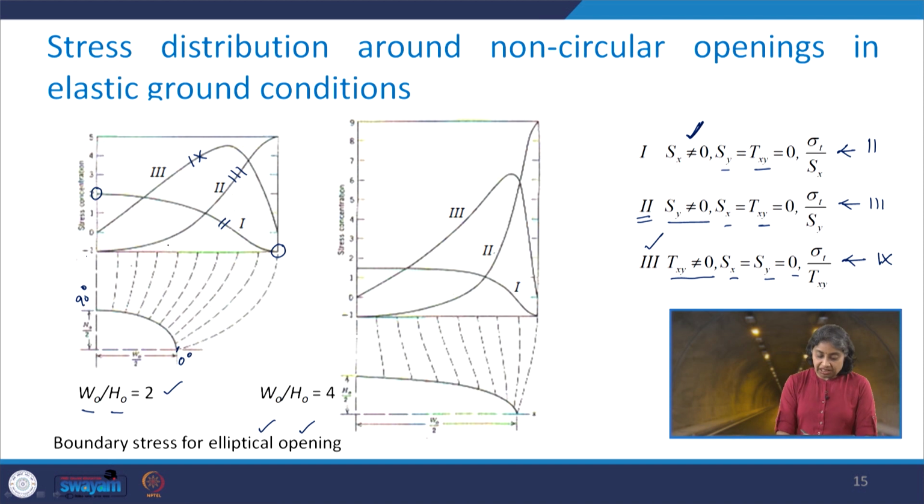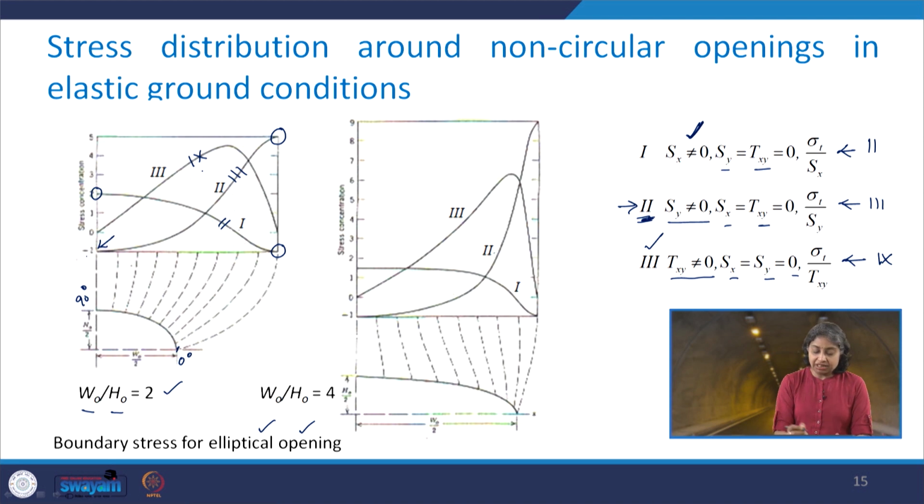For example, in case of the second case, that is this one, when you have the stress applied in the direction of the y axis, then at beta equal to 0 you will have the stress concentration factor as 5, and for beta equal to 90 you have the stress concentration factor as -1.